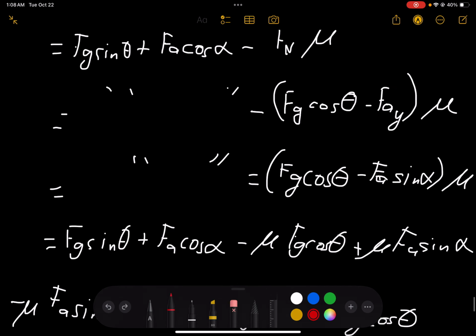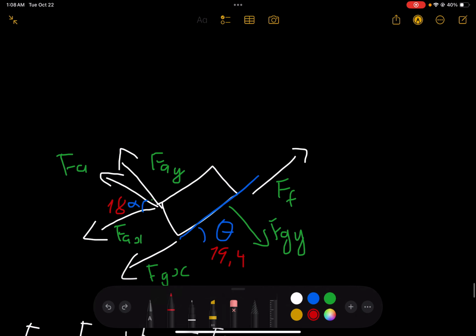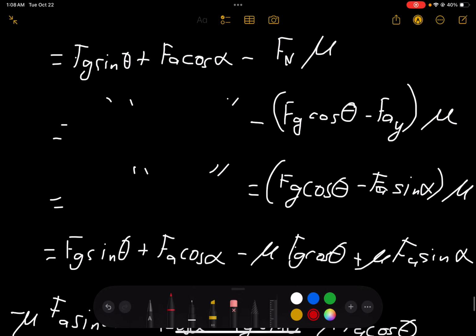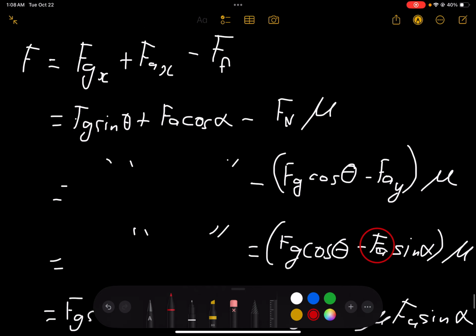Okay, and then Fg cos theta just stays the same, and Fay is Fa sine alpha, okay? This part here is Fa sine alpha, force applied sine alpha. And then we have mu. Then we distribute the mu, and okay, so we're looking for Fa, right? Fa and Fa.